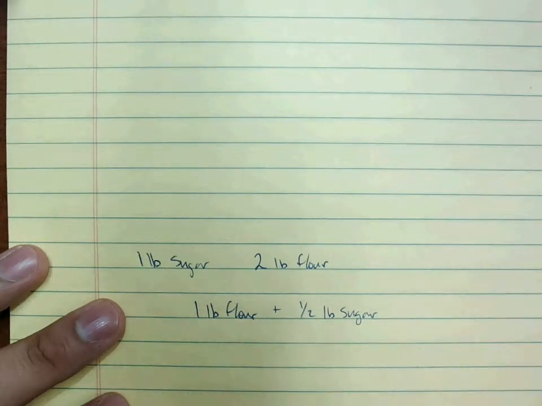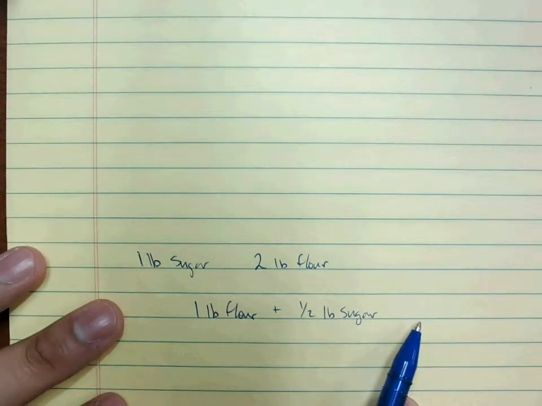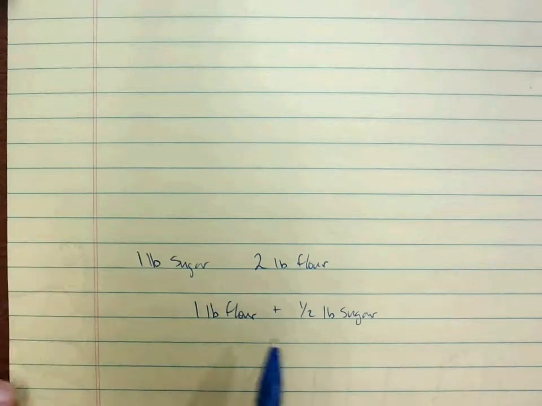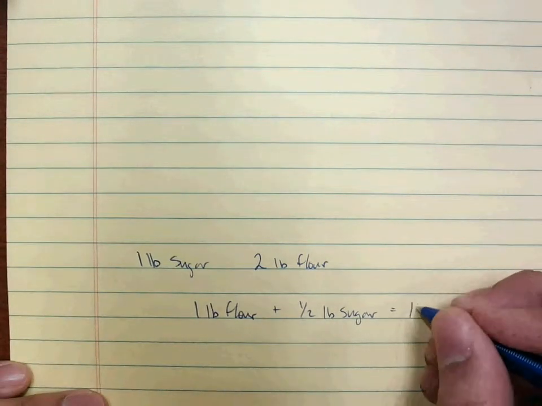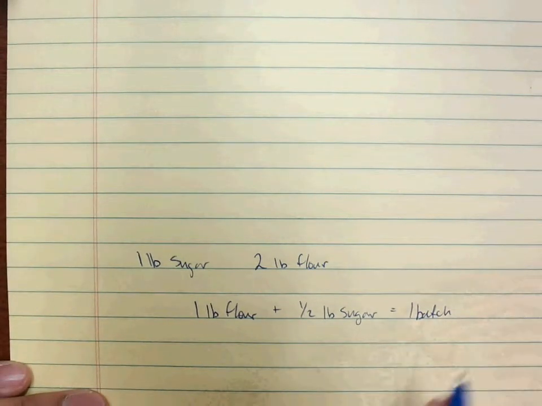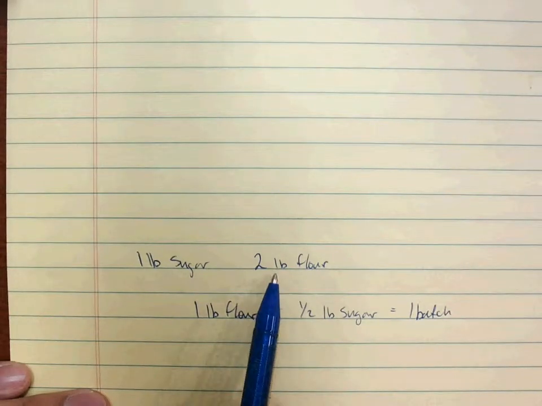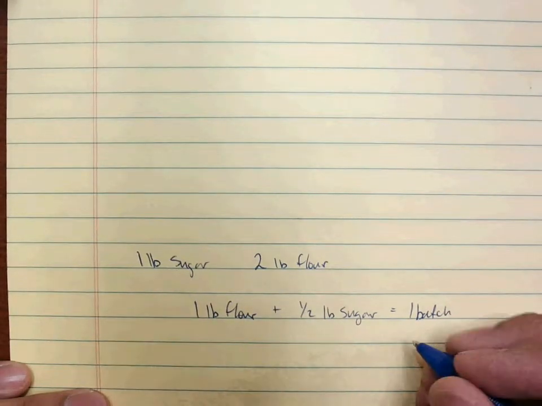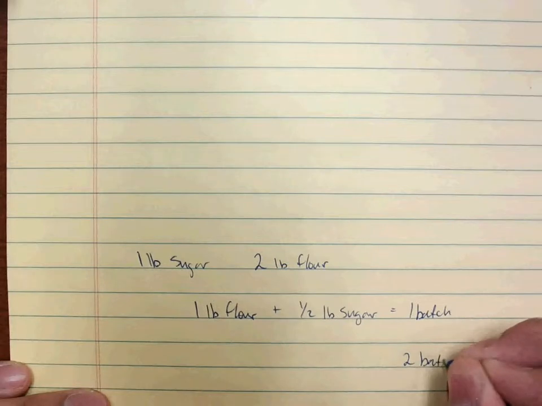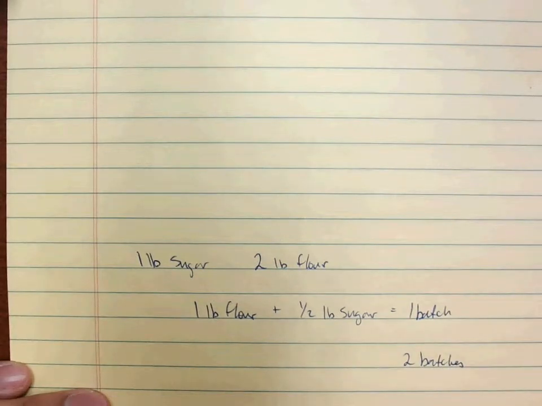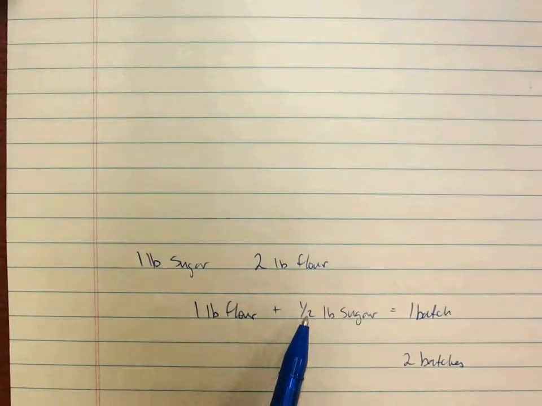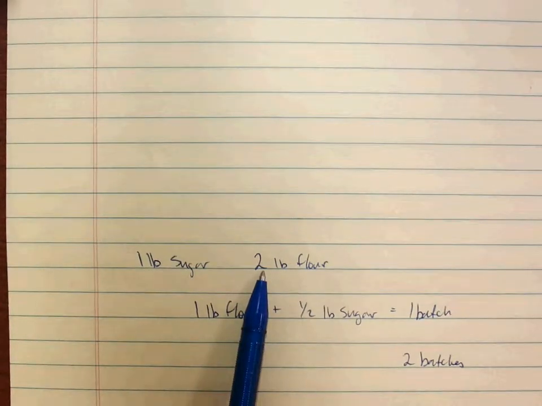That's my recipe. How many batches can I make? So this makes 1 batch. Because I have double my substance, I can make 2 batches, right? And this is giving you pretty whole numbers, maybe something we could relate to coefficients.